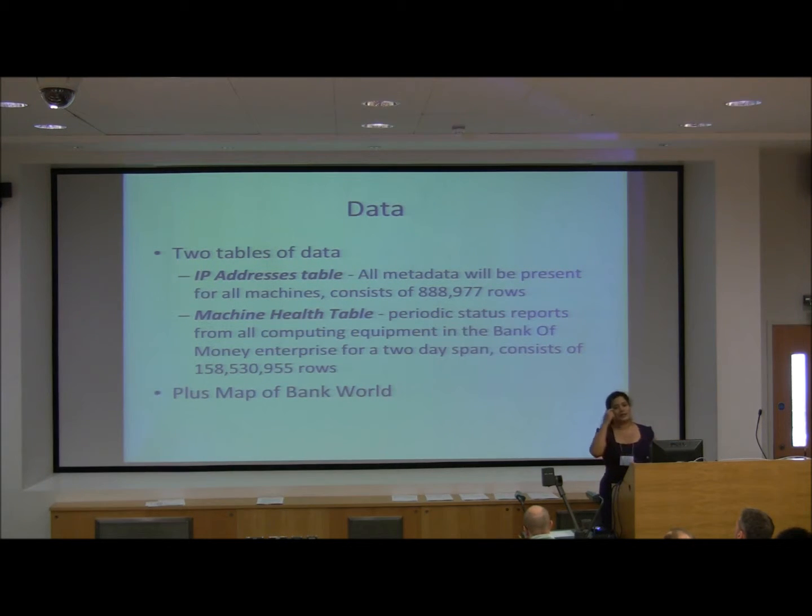The second table is the health table, and in this case, you don't have any metadata information about the actual machine except for its IP. All you have is the condition of this machine at a given specific time, which we've been referring to as a time point.